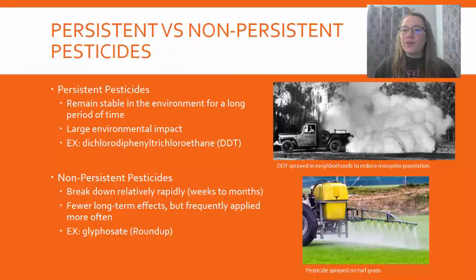Now, you may have heard of the horror stories of DDT. This is a chemical that was used as an insecticide back in the day, and it was particularly targeted towards reducing nuisance insects such as mosquitoes that were living near human populations. There would be these trucks that would drive through neighborhoods spraying these clouds of DDT to reduce the insect populations.